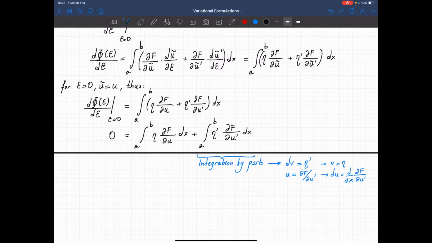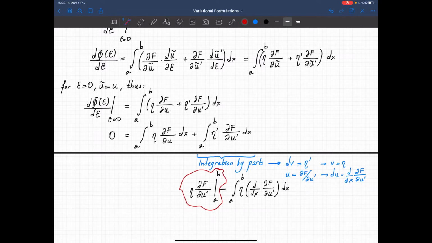Then this expression becomes equal to nu times del f over del u prime evaluated at points A and B, minus the integral from A to B of nu times d over dx del f over del u prime dx.